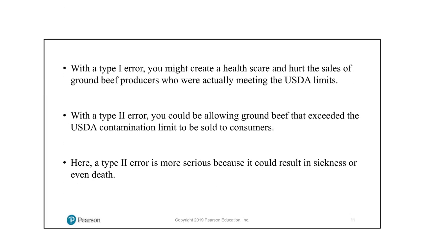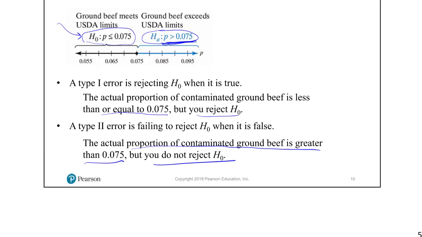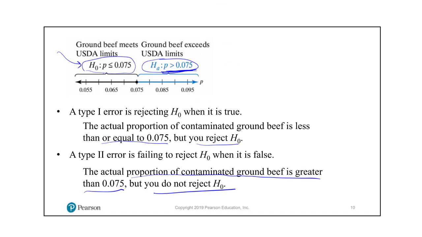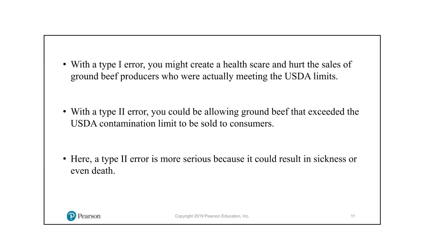In the type 1 error case, let's go back, the actual proportion of contaminated ground beef is less than the limit. So according to the USDA, it's safe, but you rejected it, saying it's not safe. Well, you might create a health scare and hurt the sales of ground beef, which actually met the limits. It was okay, but you said it was no good.